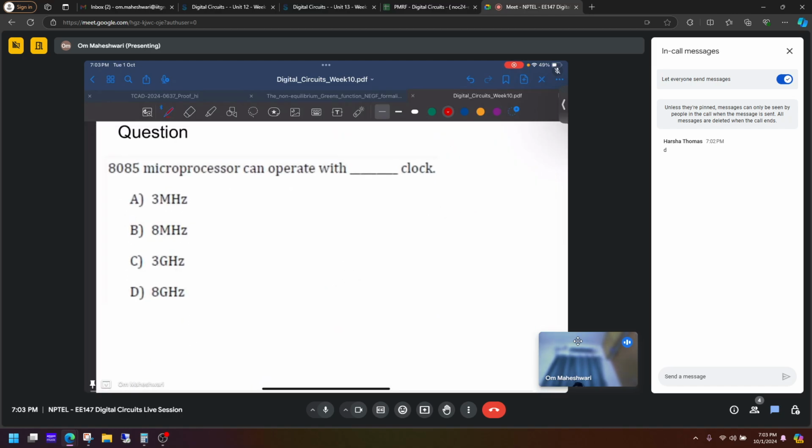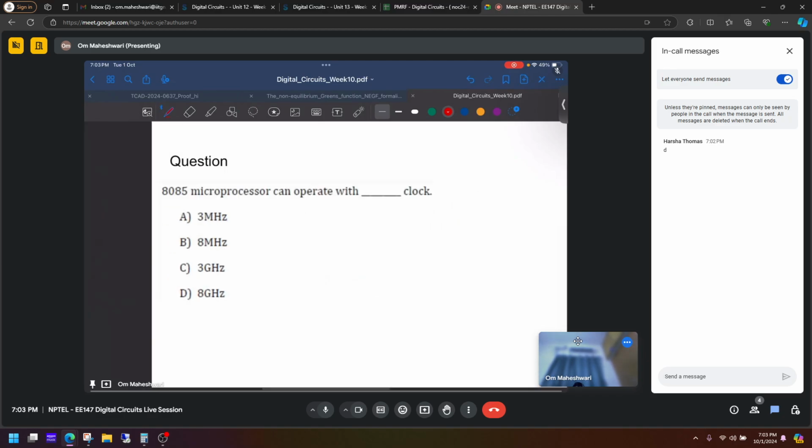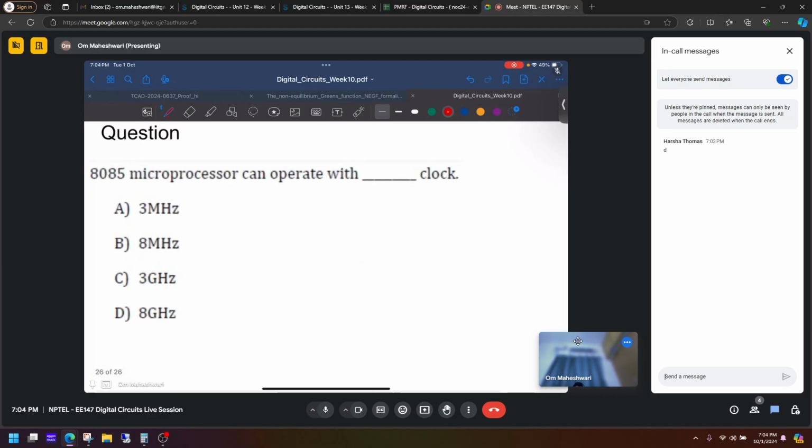The last question that I have for today is: 8085 microprocessor can operate with dash clock. Okay, so I'm not sure if this was in the videos or not, but the answer is 3 megahertz.